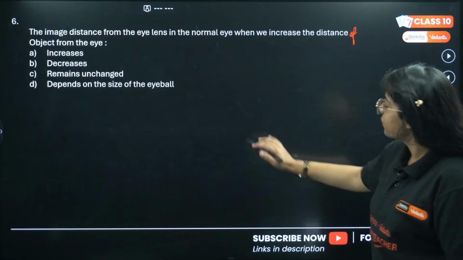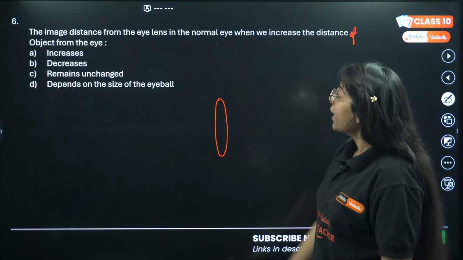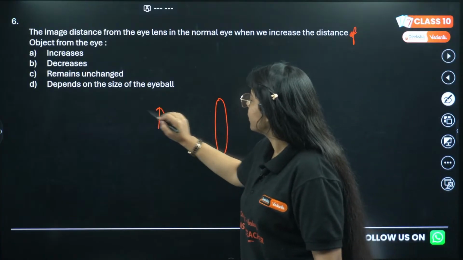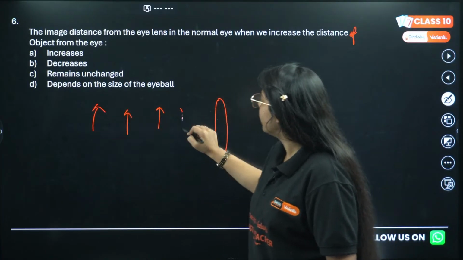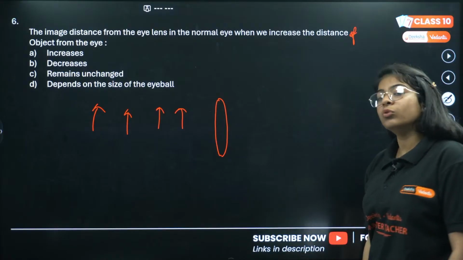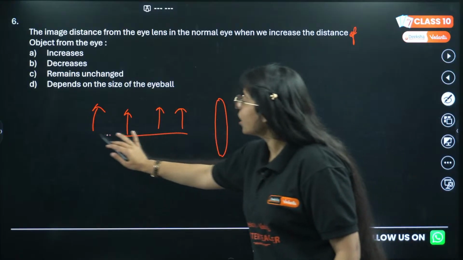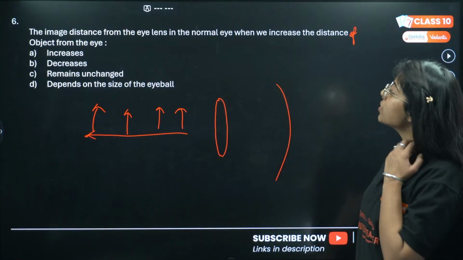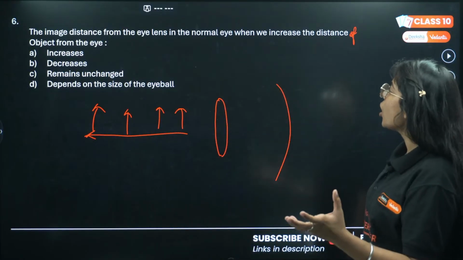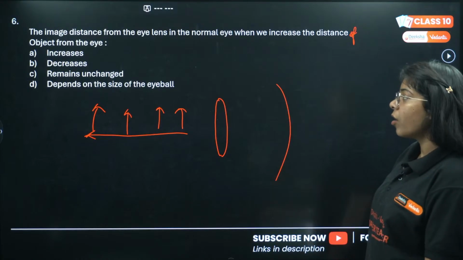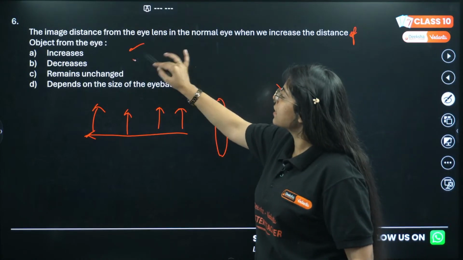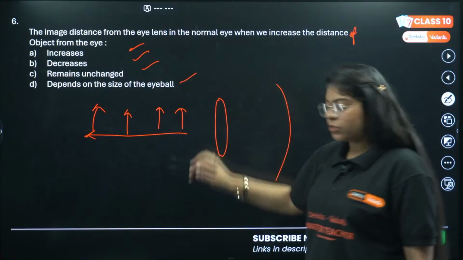If this is my eye lens, and the object was here, then here, then here, what will happen to the image distance on the retina if I change the distance of the object? Does it increase, decrease, remain the same, or depend on the size of the eyeball?